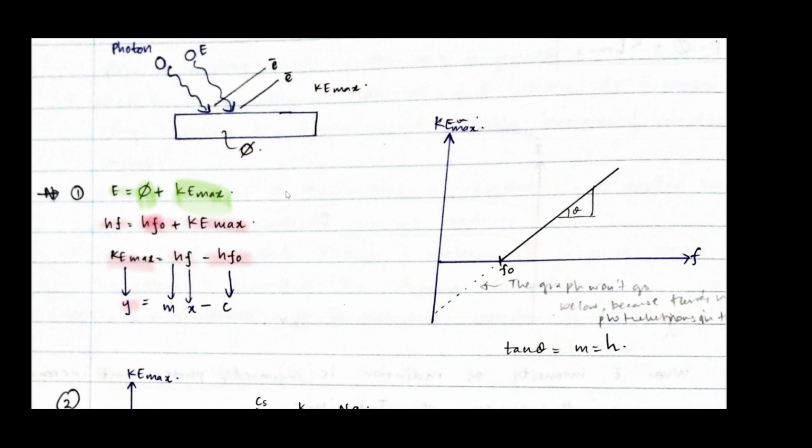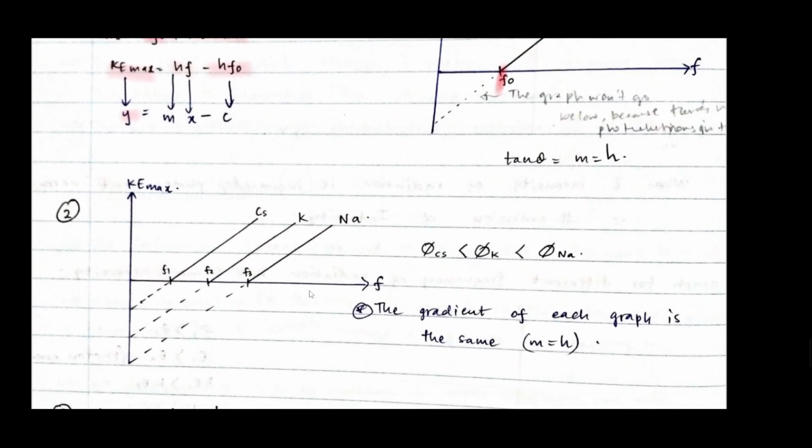Here the graph we only draw up to f naught. The reason is that below f naught, we do not have photoelectric emission. The photoelectric emission happens only beyond f naught. Now let's look at a few materials: cesium, calcium, and sodium. It's easier for us to remove an electron from cesium than from potassium than from sodium.